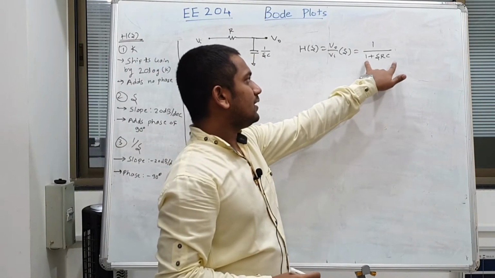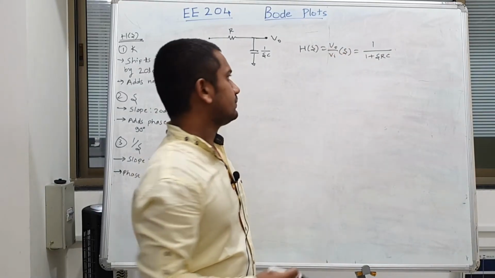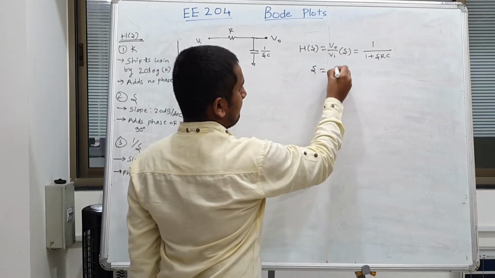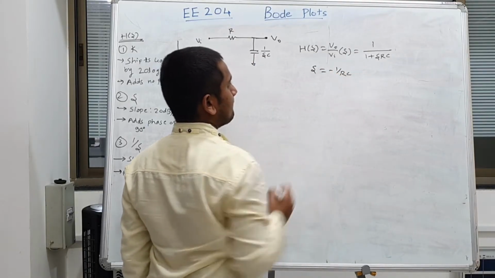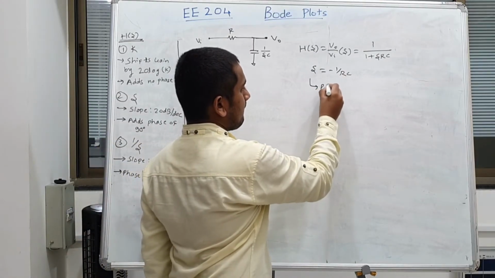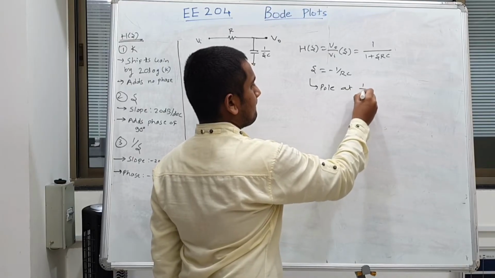Now, if we equate the denominator to 0, we will get the pole location, and that is minus 1 by RC. It means that it has a pole at 1 by RC.